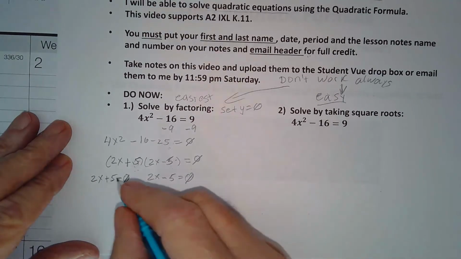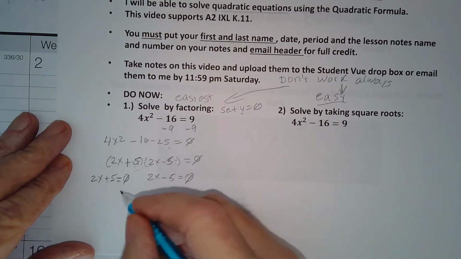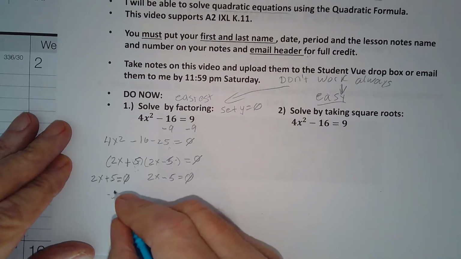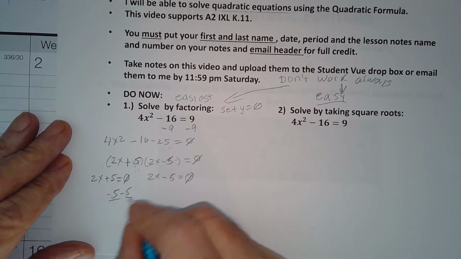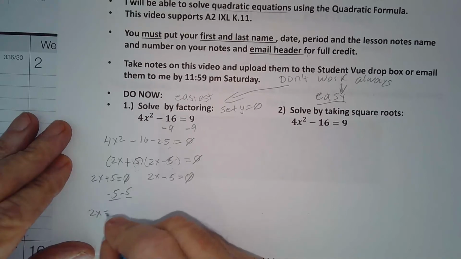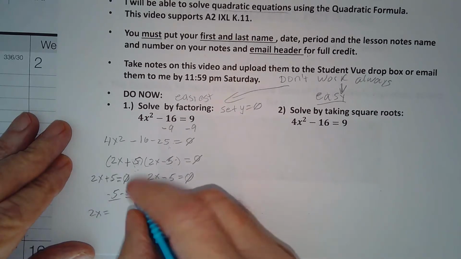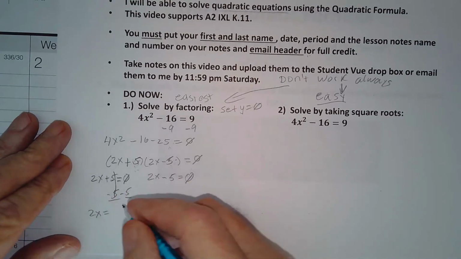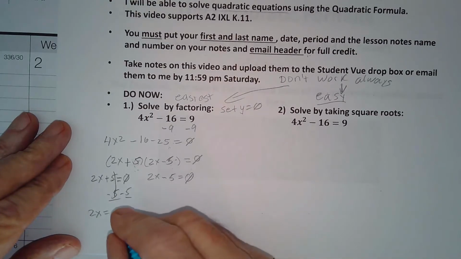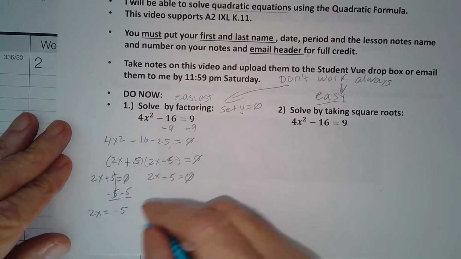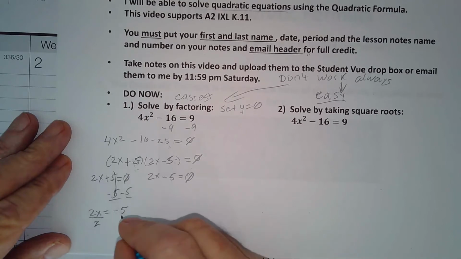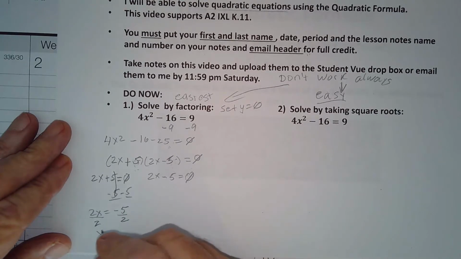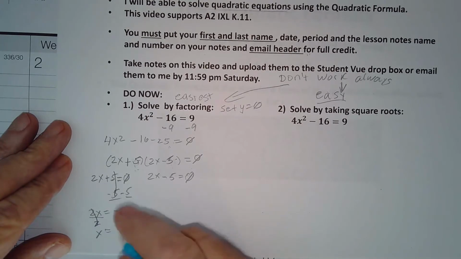Now, to get x by itself on the left, you subtract 5 from both sides, and so you get 2x equals negative 5. And then you divide by 2, and you get x equals negative 5 halves.